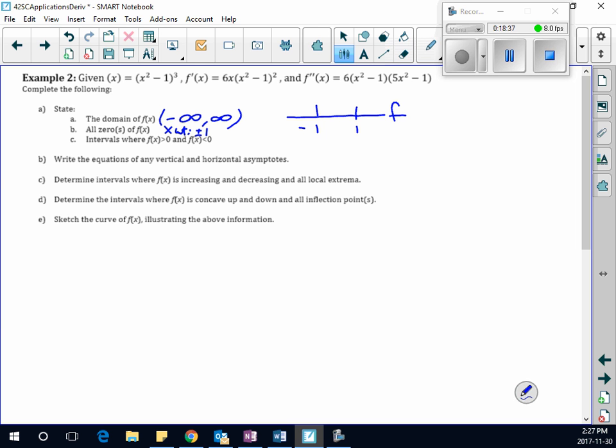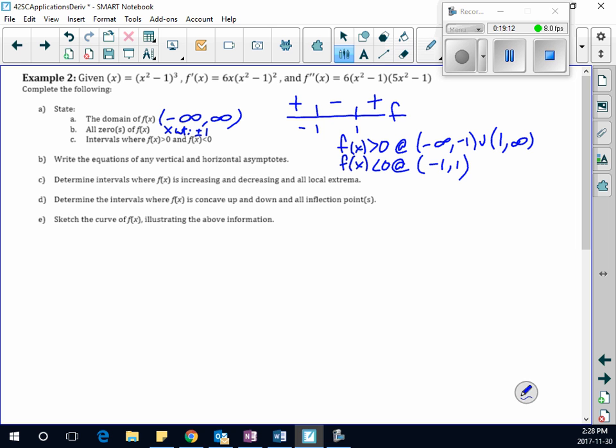Well, on the left of -1, if I square it, I'll get a bigger number, so positive. At 0 I'll get negative, and then positive again. So f of x is greater than 0 on -infinity to -1 and 1 to infinity, and f of x is less than 0 on -1 to 1.